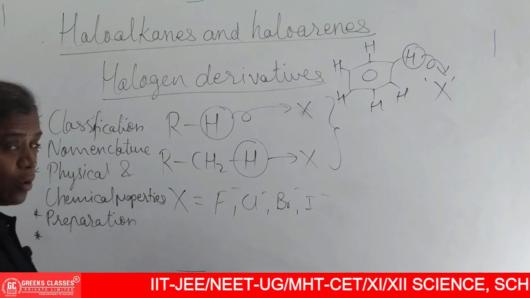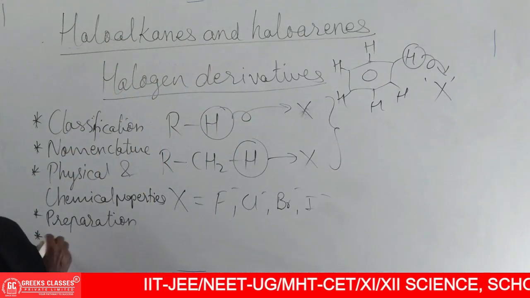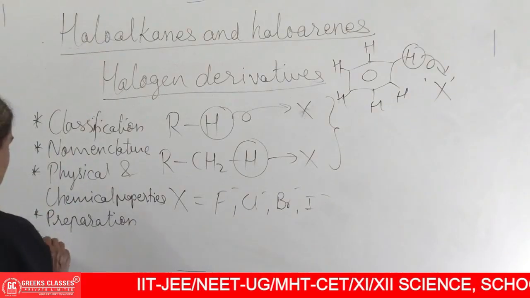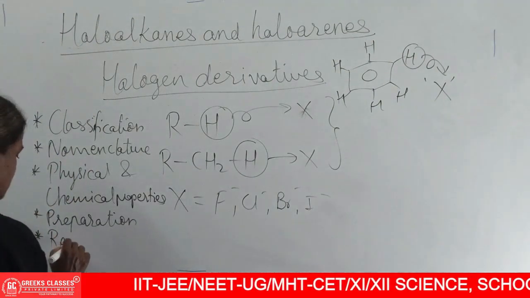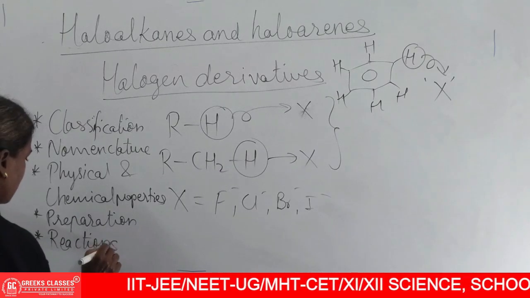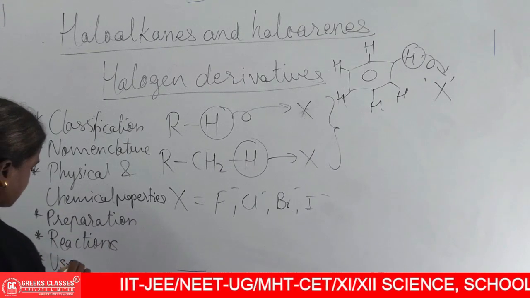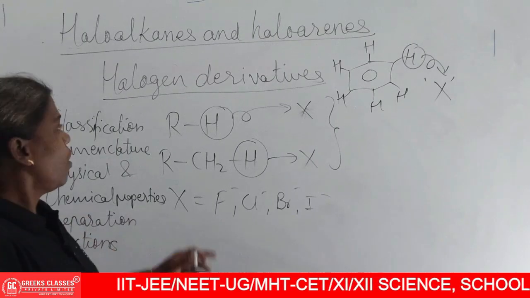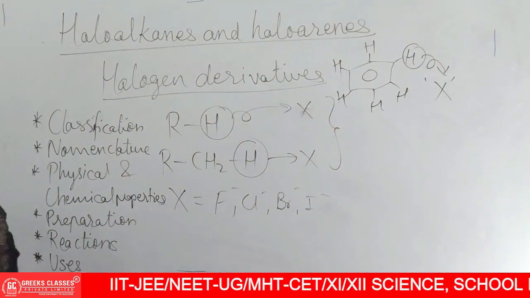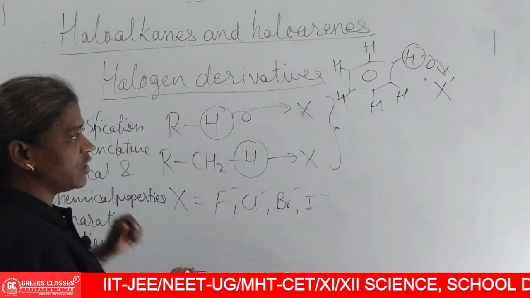We will know that if haloalkanes and haloarenes are available, how we can use them to prepare other compounds, so their reactions, and then at last their uses. So all these aspects we are going to know in this chapter one by one. This is the general introduction I have given you about halogen derivatives.